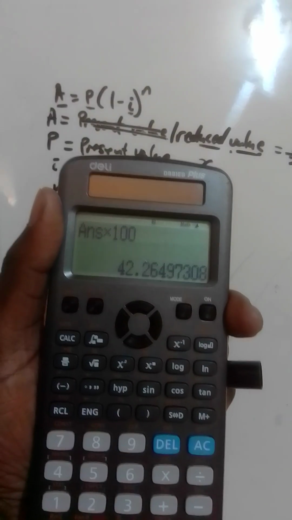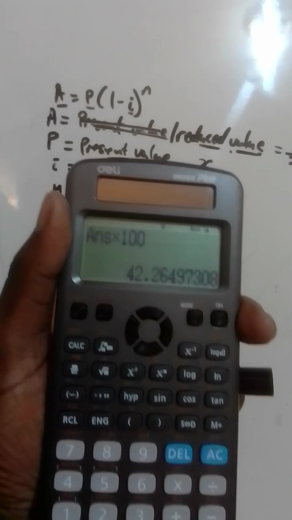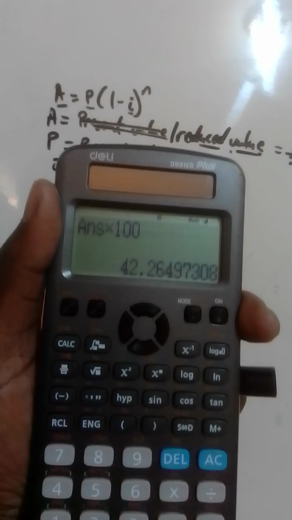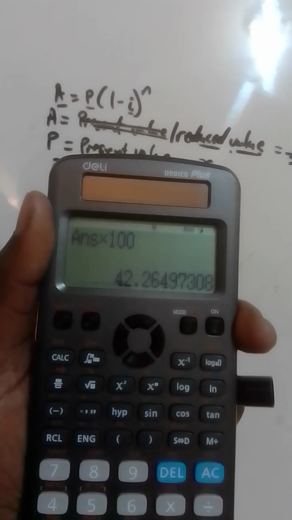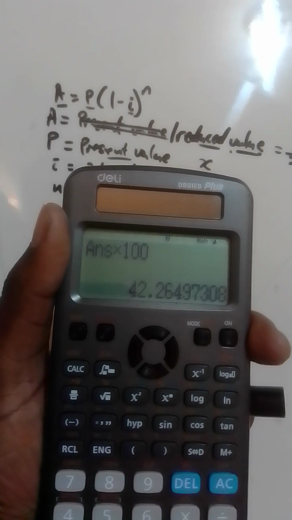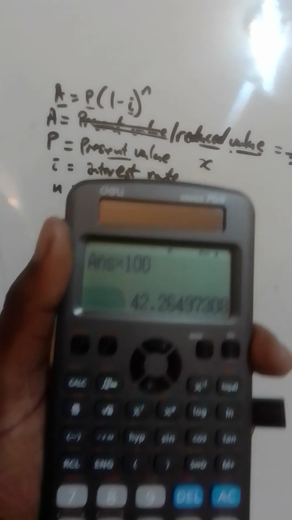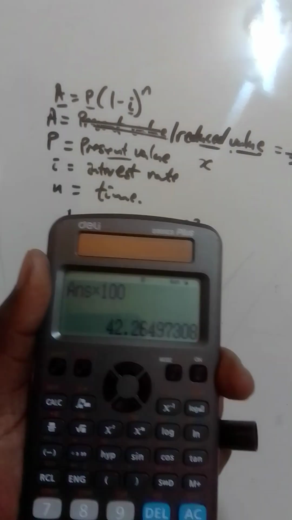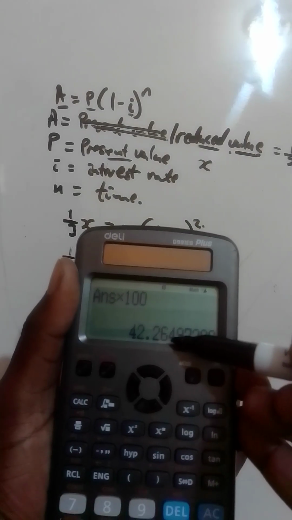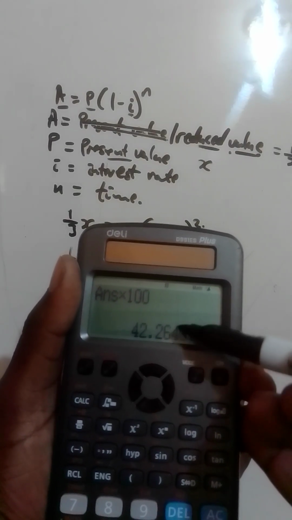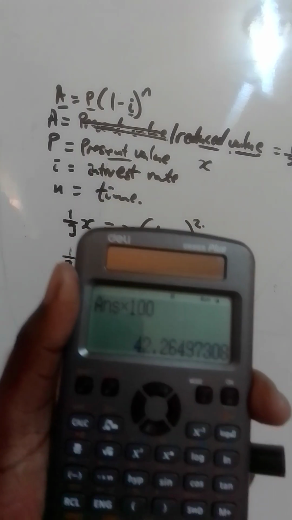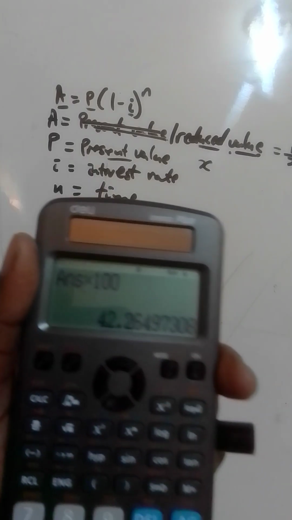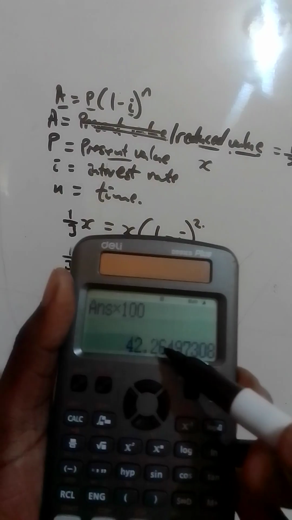42.264. But now remember, on this particular question, question 5, they didn't tell you the number of decimals to round off to. So in that case, the first instruction that you get on the first page prevails, meaning you were told that you must round off to 2 decimal places. So when I look at the third decimal number, I've got 4, and 4 is not above 4, which means that the second decimal number 6 does not change.